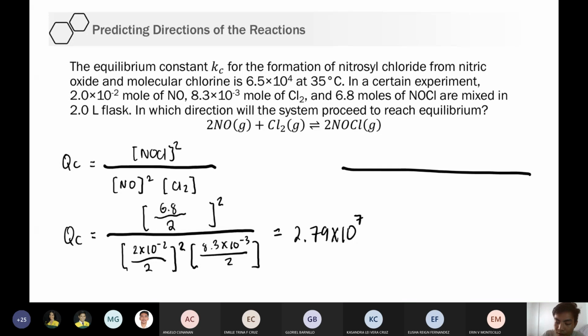So, in order for us to determine the direction of reaction, gawa kayo number line, Kc sa gitna, which is 6.5 times 10 raised to 4. Asan si Q? Since ang Q natin ay raised to 7, lagpas-lagpas yun sa K. So ito yung Qc.